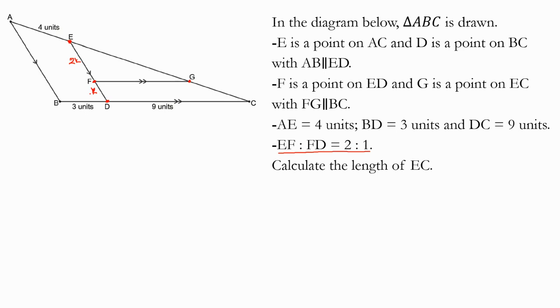Now, calculate the length of EC. This one is very easy, I think. We have the line ED that is parallel to AB, therefore dividing the sides AC and BC proportionally. So we can say, let's start with EC, the one that we are looking for, EC over AE is equal to DC over BD.